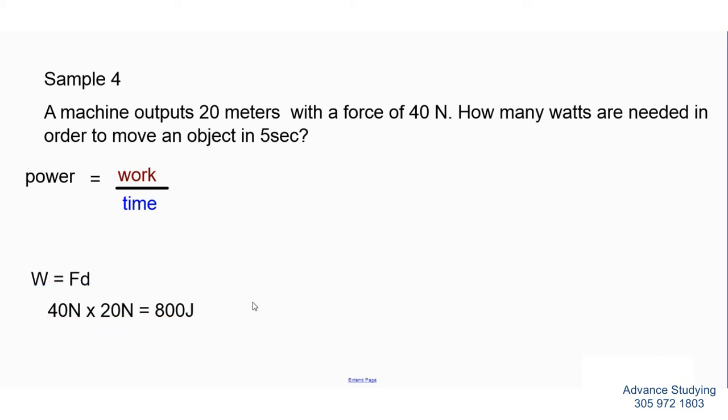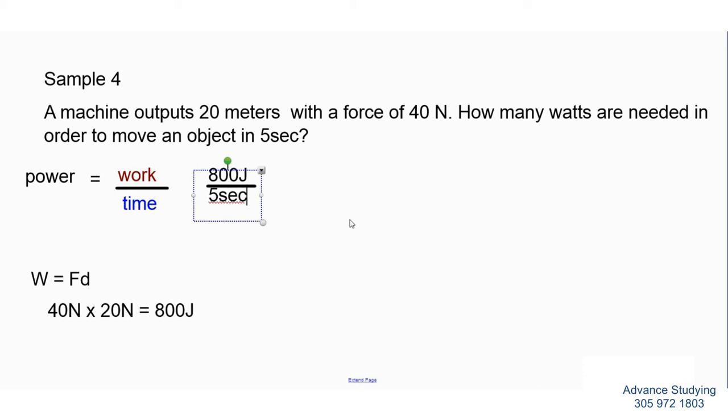So now I have work. This is my little side note to find work because the question is asking me to find power, but I don't have work. Now I could plug these values into the equation for power, and I have 800 joules divided by time, which is 5 seconds.